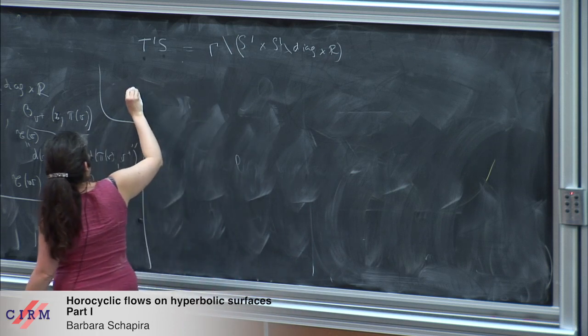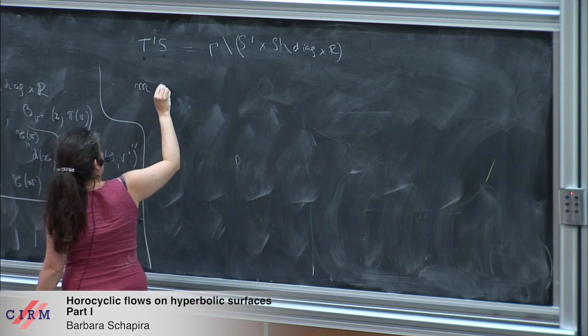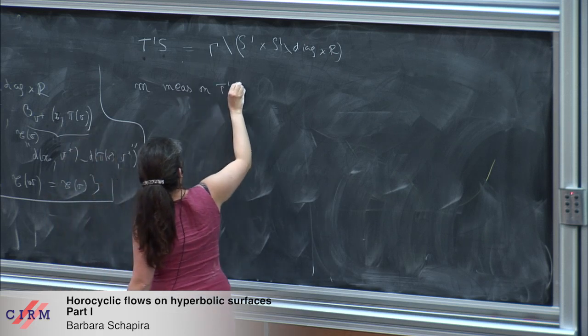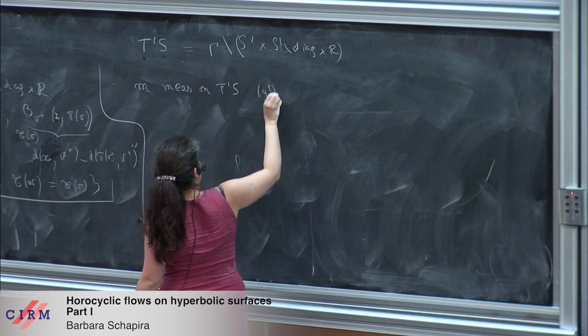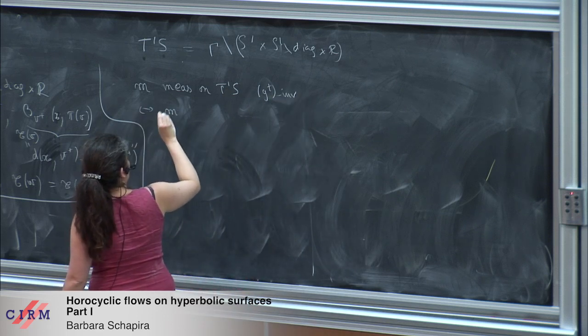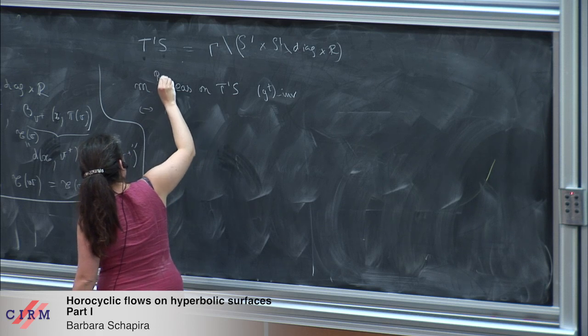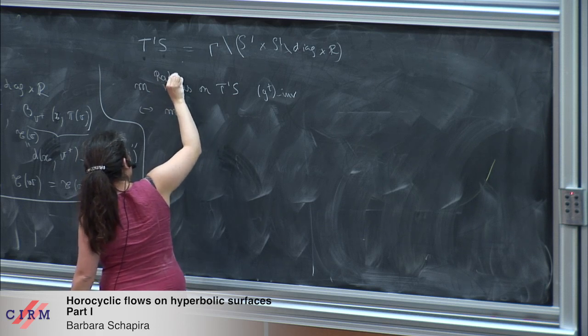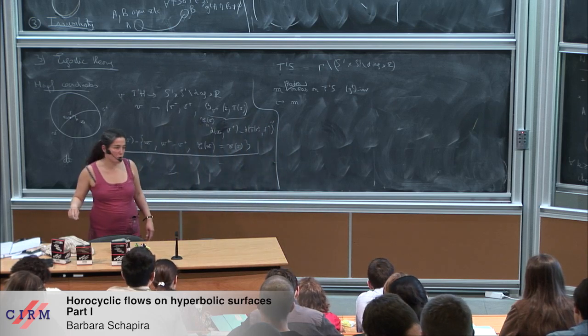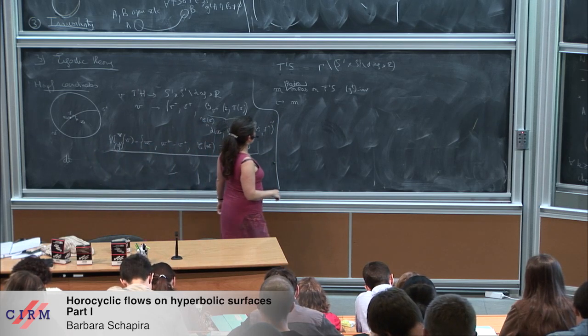And so a measure M on T1S which is geodesic flow invariant, I consider only Radon measures; I don't want to consider finite measures because it's too restrictive.